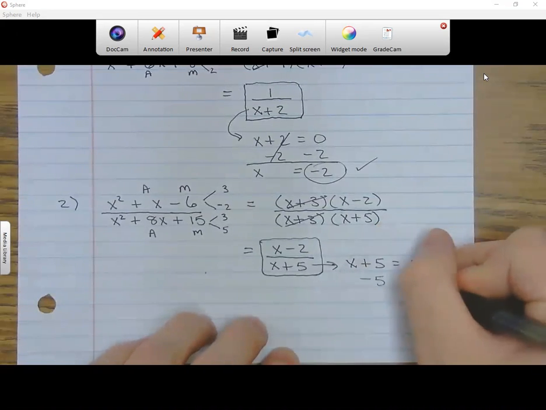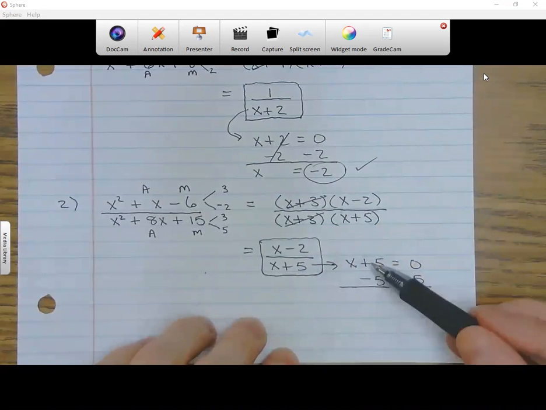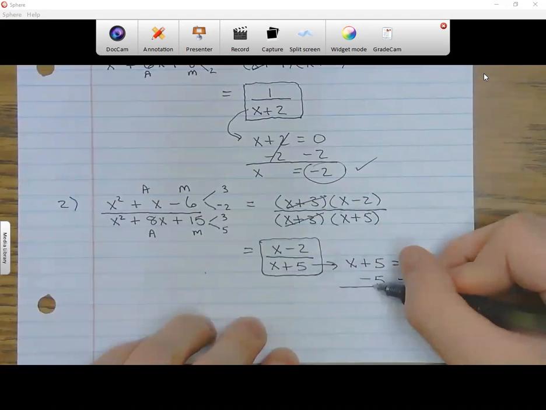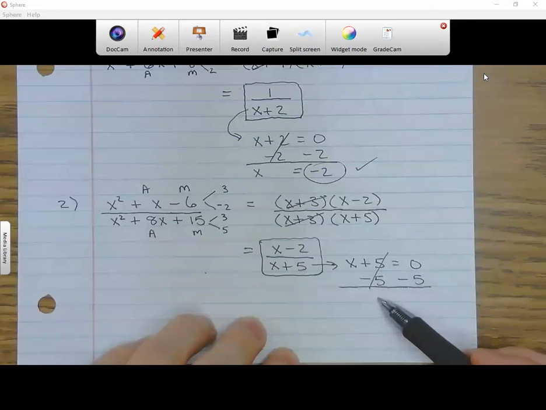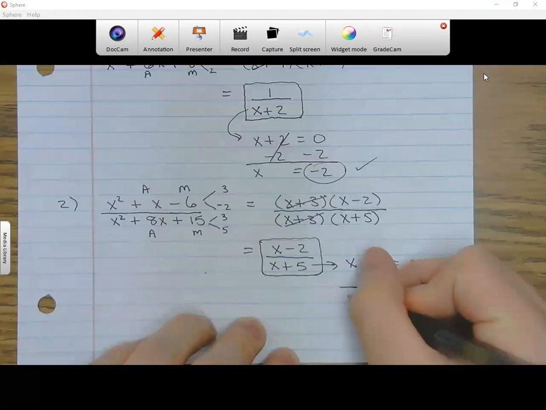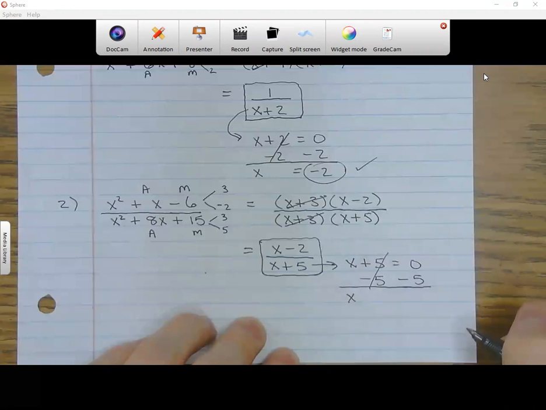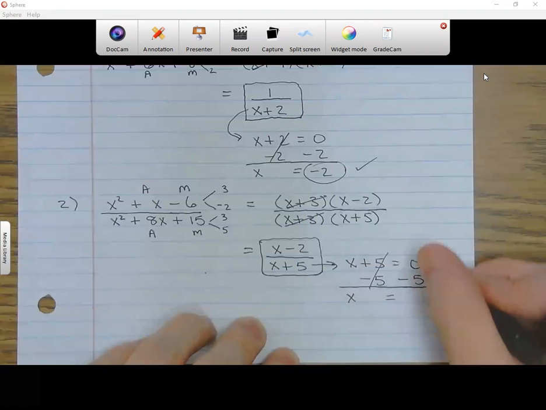So when I do that, what happens? Well, the 5 minus 5 cancel out over here. I don't need to worry about that because 5 minus 5 is 0. And if it's 0, I technically don't need to write it. I bring down my x. I bring down my equal sign. And then 0 minus 5 is -5. So that's my excluded value.